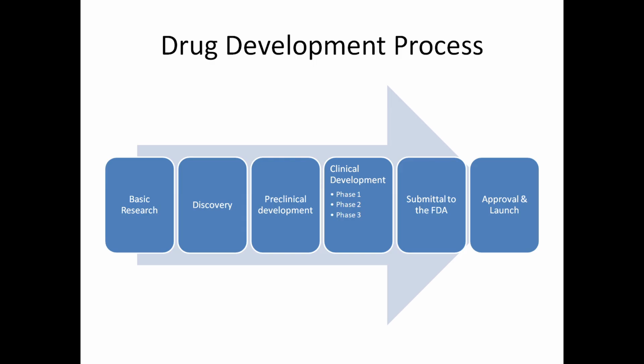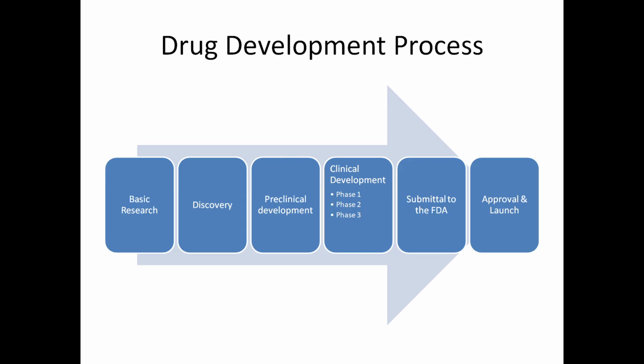The drug development process involves several key steps, starting with basic research to discovery, preclinical development, clinical development, which has 3 phases to it, submittal to the FDA, and finally approval and launch.